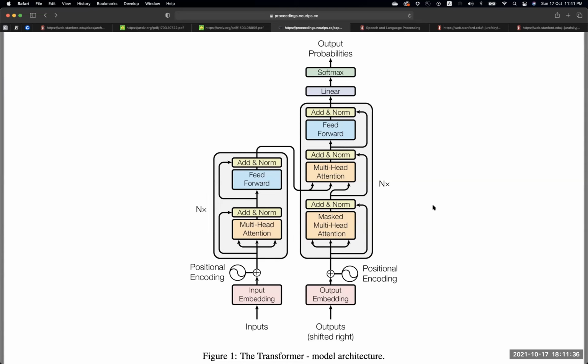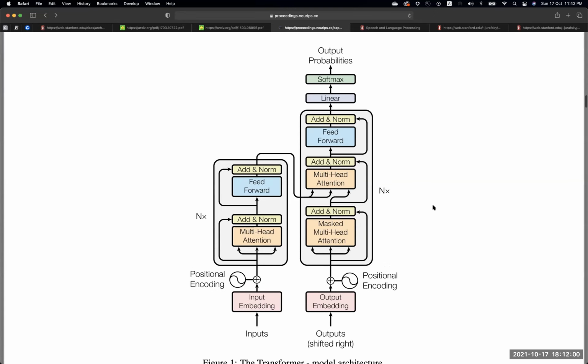But one thing, at least that's what I have seen, it's always rosy. They say parallelization and all those things. But in practice, if you read, it took them many hours to train a model.